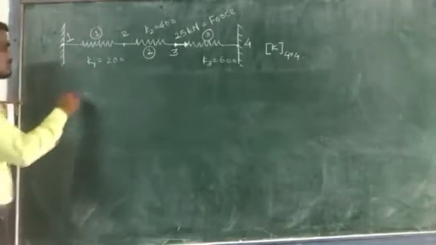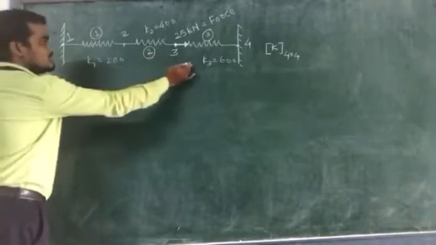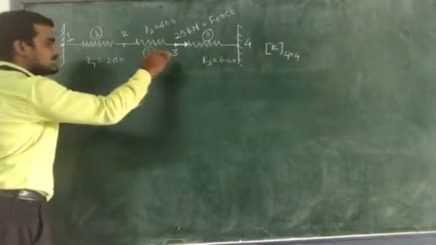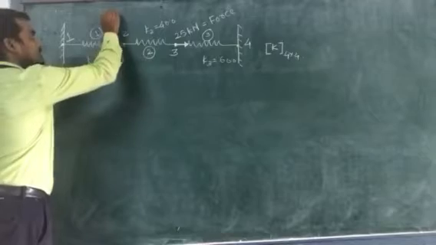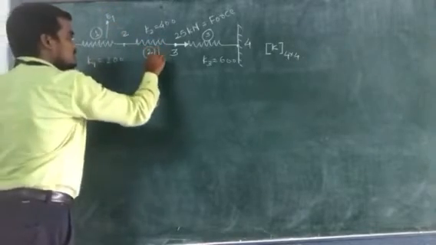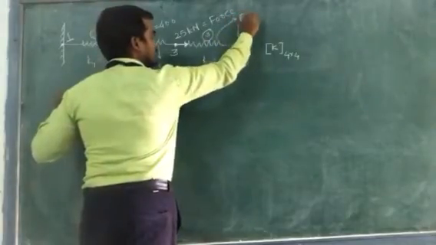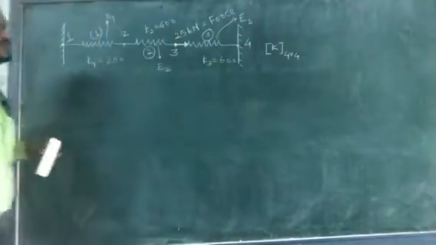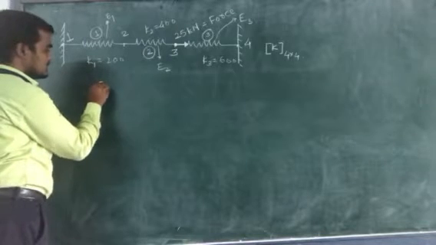Now, as there are 3 elements, you need to find out 3 elemental stiffness matrices: for this element E1, for this element E2, and for this element E3.